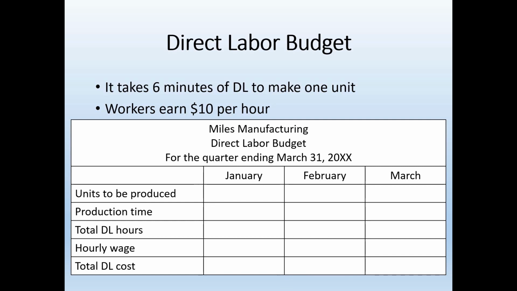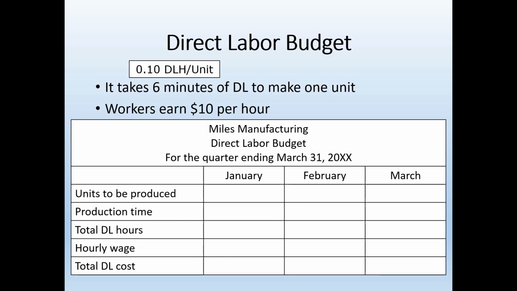We're told that Miles Manufacturing takes 6 minutes of direct labor to make one unit. Don't forget, that means that it's 1/10 of a direct labor hour per unit. Workers at Miles Manufacturing earn $10 per hour.